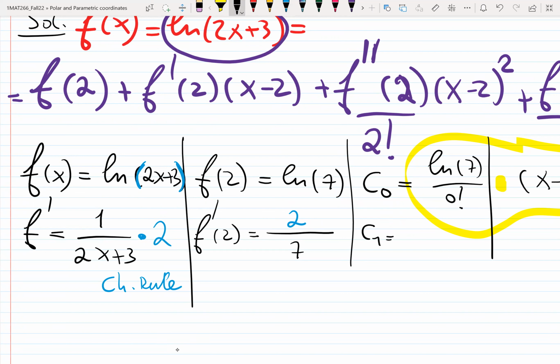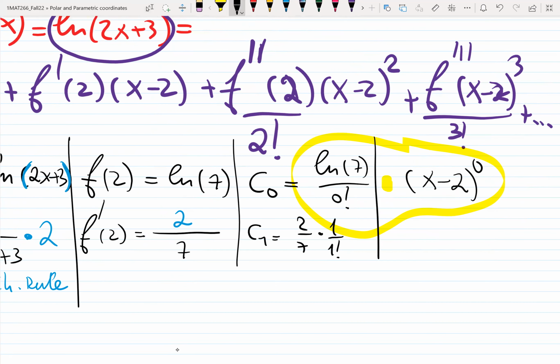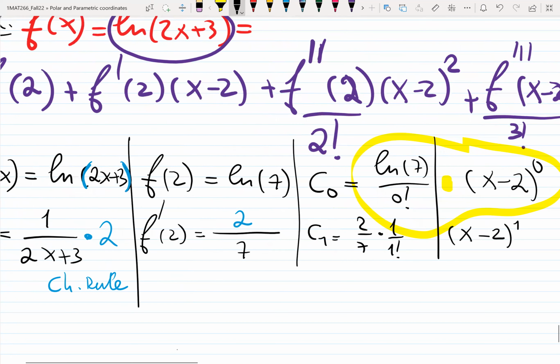c sub 1 will be 2 over 7 multiplied by 1 over 1 factorial, times x minus 2 to the 1. This is the second term.